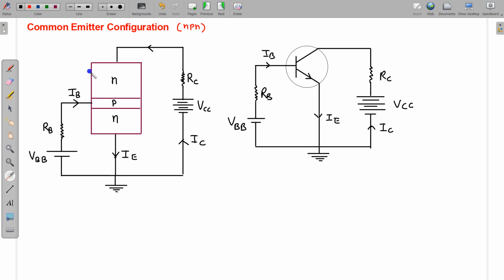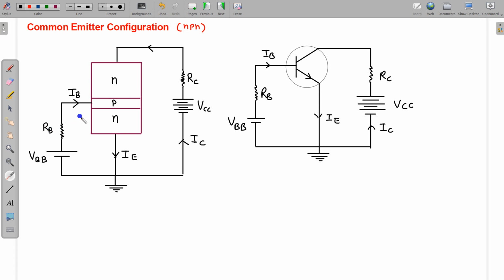So in the NPN transistor, what is common? The emitter is common in both the circuits. It is part of this circuit also, and this terminal is part of this circuit also, so it is common in both circuits. One side is known as the input circuit, and this side is known as the output circuit.